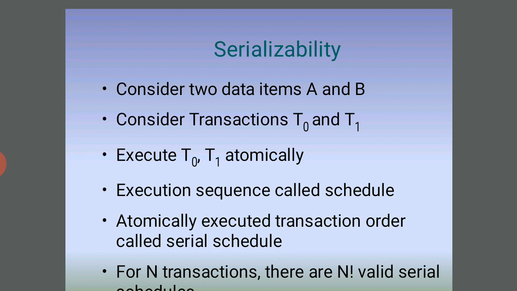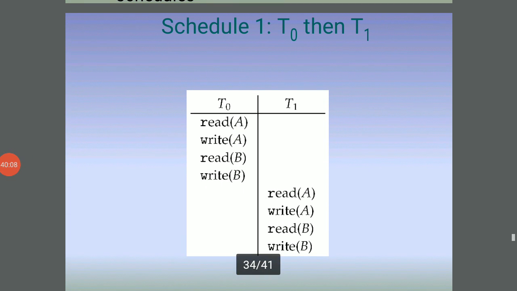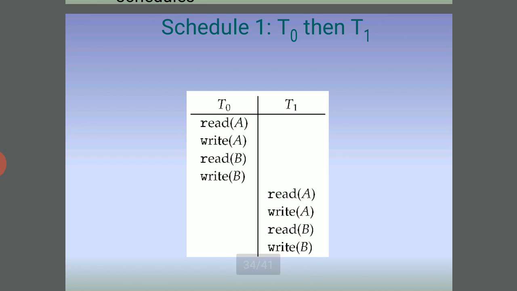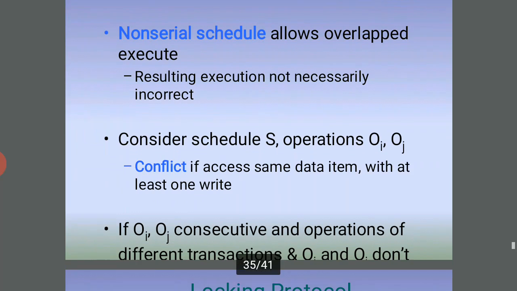Executing T0 and T1 atomically, the execution sequence is called a schedule. Atomic execution of transactions one after another is called a serial schedule. Here is a diagram: schedule with T0 and then T1, with read, write, read, write operations.